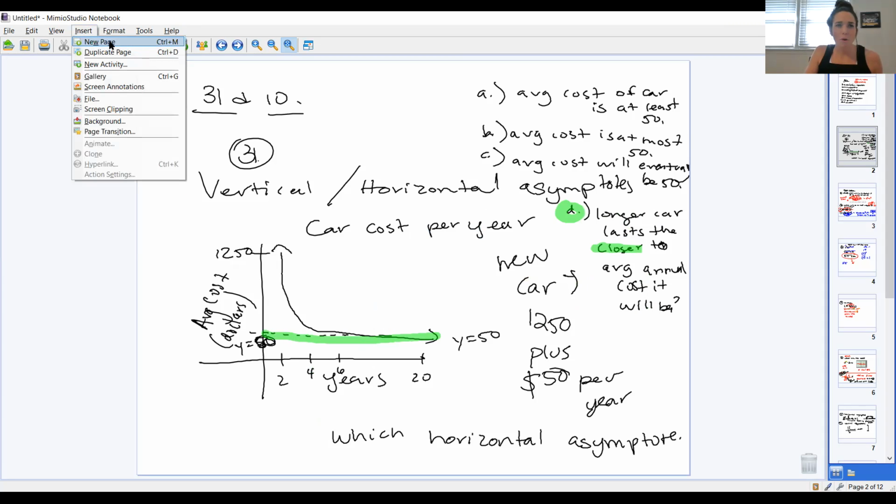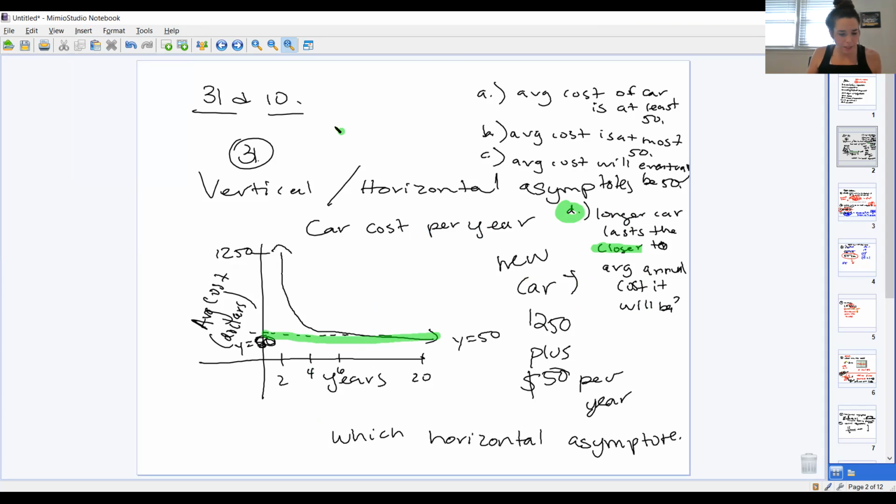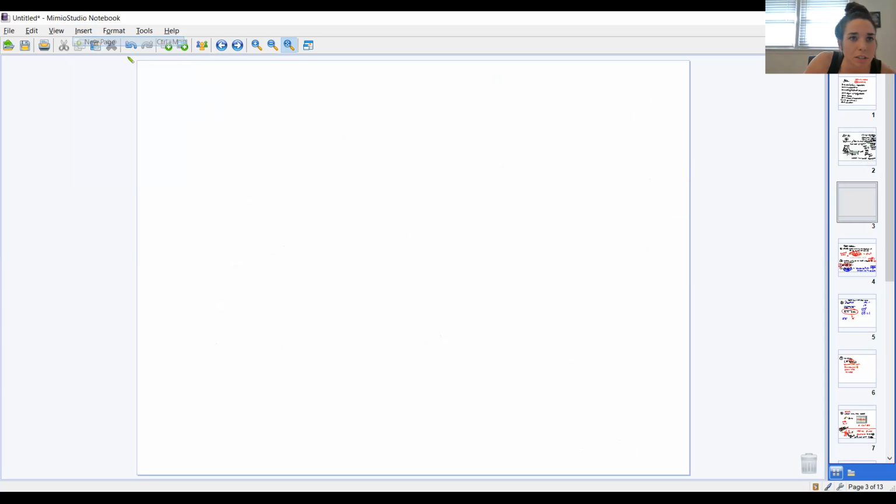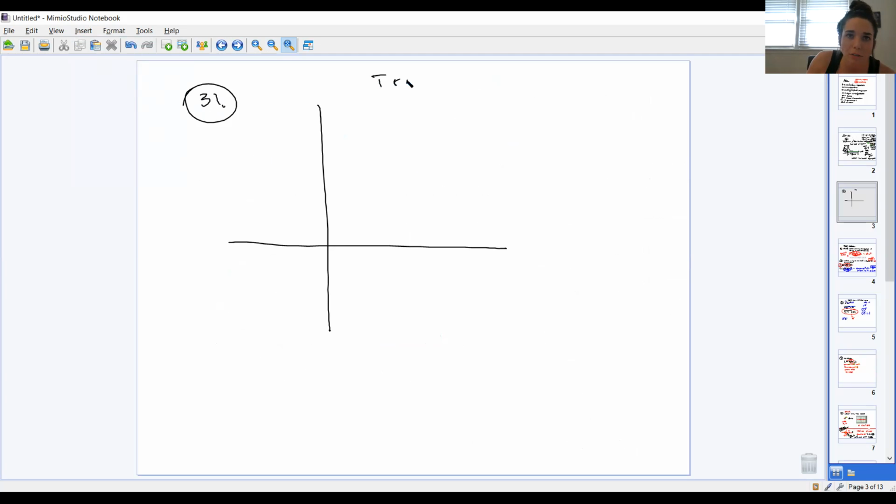Let's look at one more, keeping the same thought process, because there's one more on AKS 31. So, all right, let's say that we're on a trip, and we're doing a 500-mile trip. We're going to Nashville.